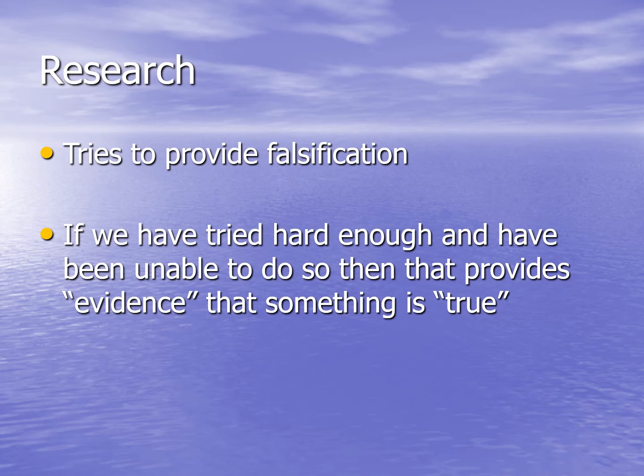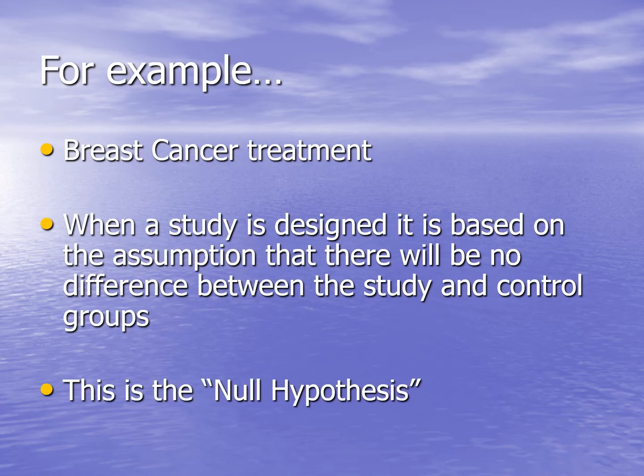So again, the research is trying to provide some falsification. If we've tried hard enough, we actually may come to the conclusion that something is true, and therefore it's the usual and accepted practice. We may feel like a certain treatment for cancer, for breast cancer especially, is the best.